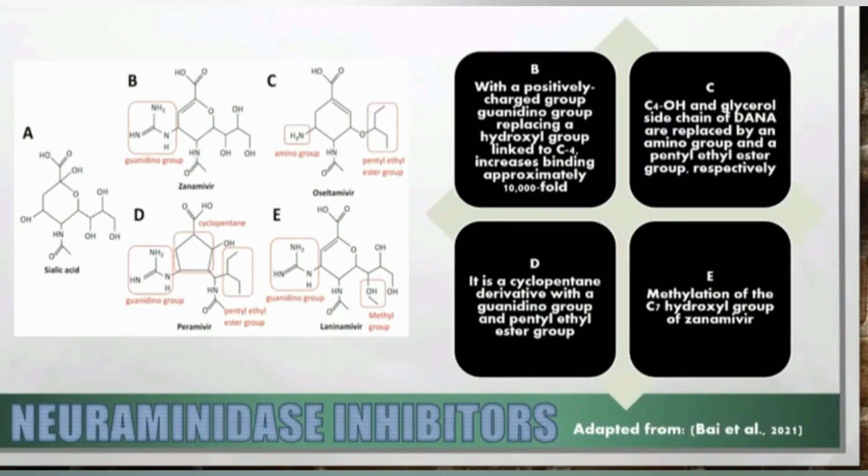Peramivir is a cyclopentane derivative with a guanidino group and a pentyl ether group. For your information, cyclopentane is known to exhibit potent and selective inhibitory effects, especially on influenza virus neuraminidase. Laninamivir is a modification of zanamivir where methylation occurs on the C7 hydroxyl group of zanamivir.